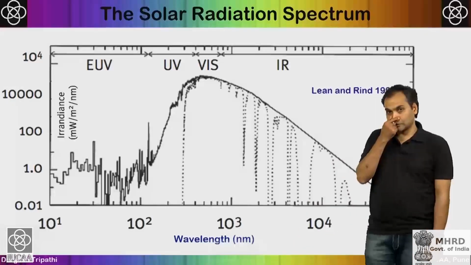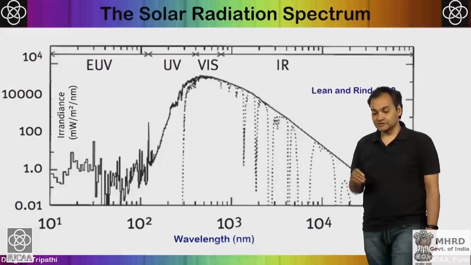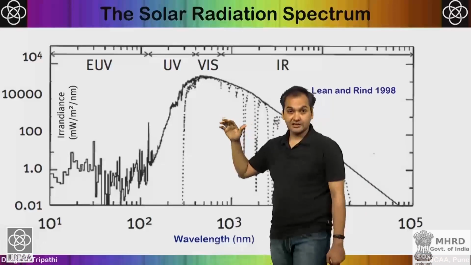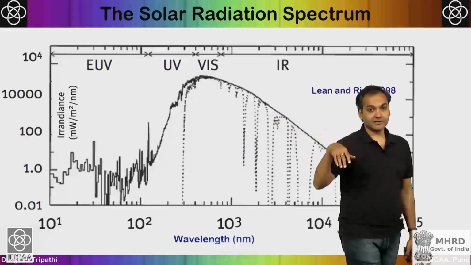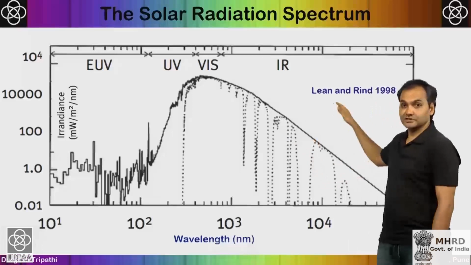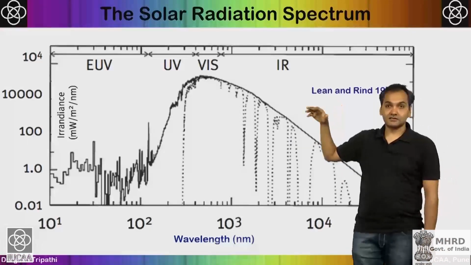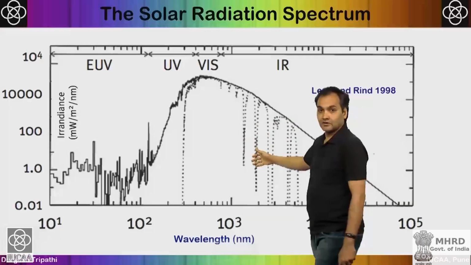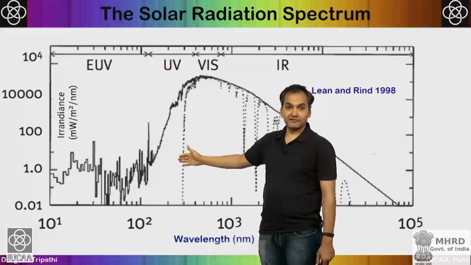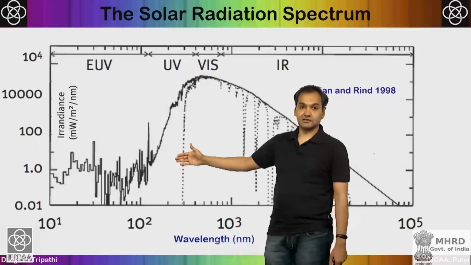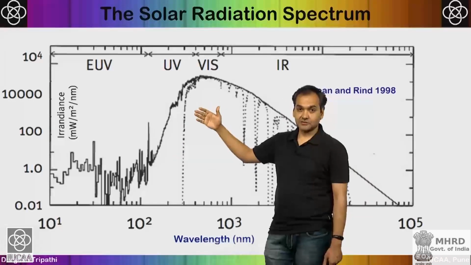Right. Now, if you take the total solar radiation spectrum and go outside the Earth's atmosphere, because all the high energy radiations, for example EUV and UV, are stopped by our Earth's atmosphere: if you go up there and take the solar radiation spectrum, whatever you have at wavelengths below 310 nanometers is absorbed above the atmosphere.